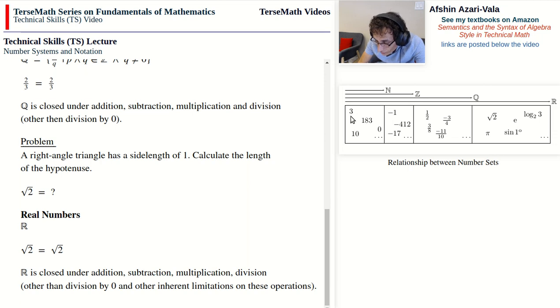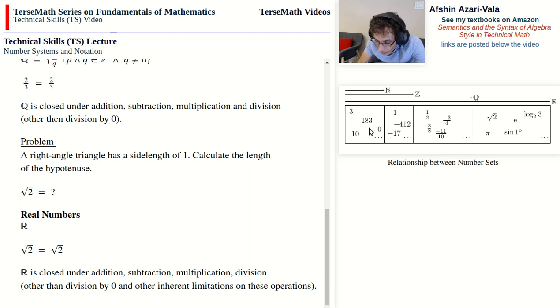So Z includes 3, 10, 183, 0, but it also includes -1, -412, -17, and so on. Q extends Z. So Q already includes everything that was in N, everything that's in Z, and now it adds on the rationals like 1/2 and 3/8, which we couldn't write down using the notation in N or Z. And R extends Q, so it includes everything from the beginning all the way to here.